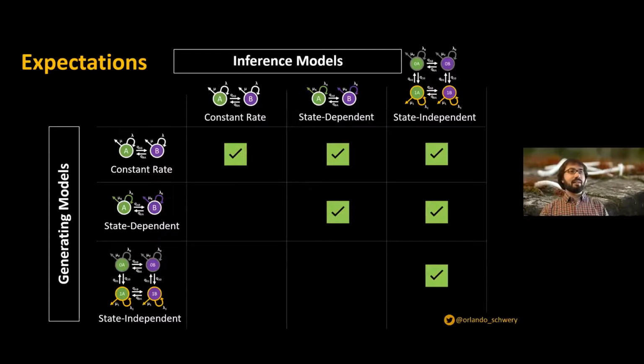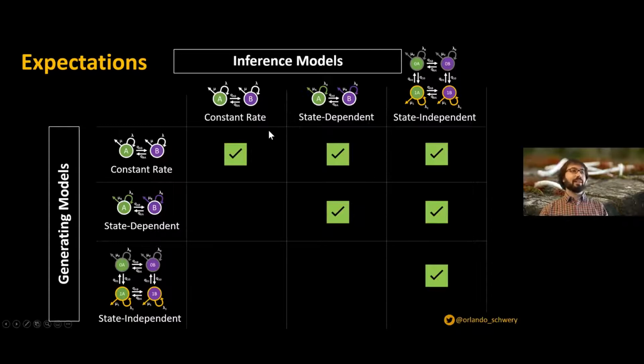Then some models are nested within the others. So for example, the state-dependent model kind of can represent a constant rate process if the two different rates are just the same, because then it's essentially the same model.